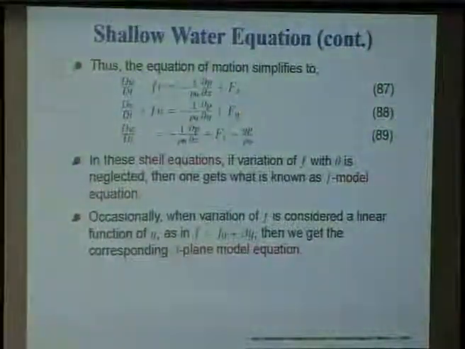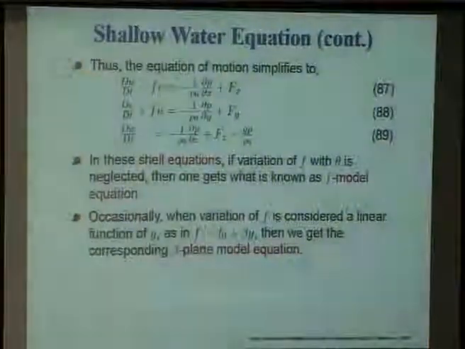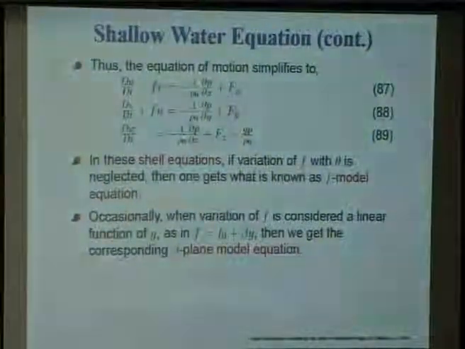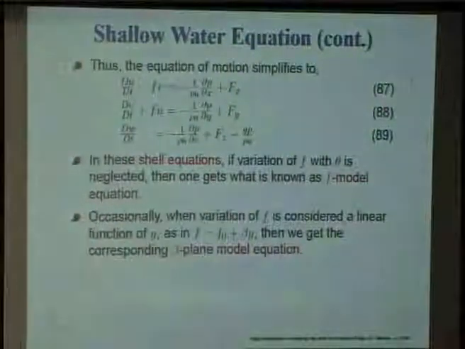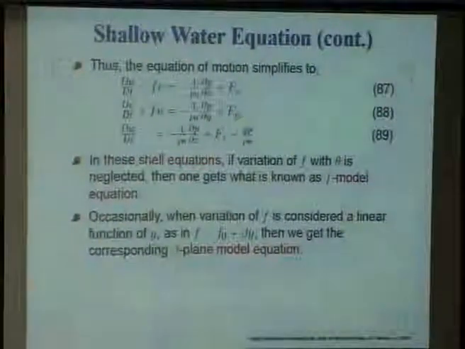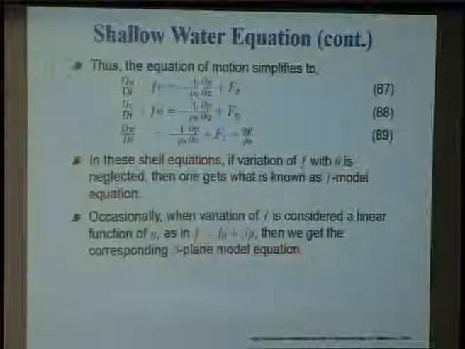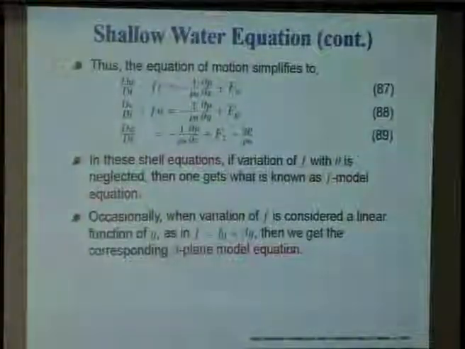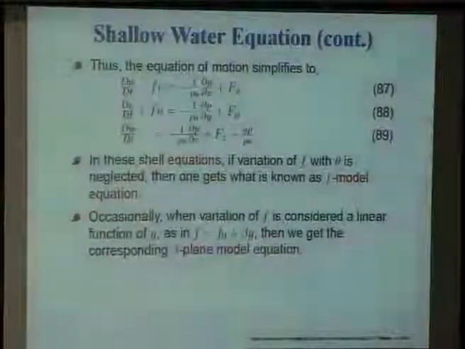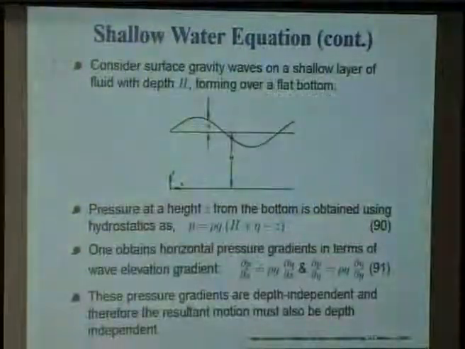So, if you are trying to study, let us say, the atmospheric motion around a mean location where f is equal to f naught, then we actually get y dependent term on the left hand side, and those equations are called beta plane model equation of shallow water equation. Okay.